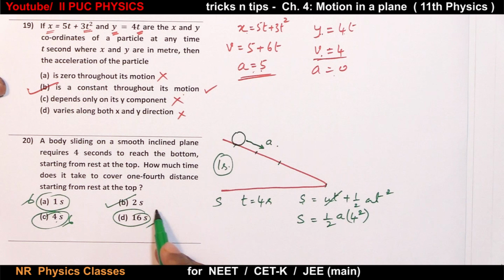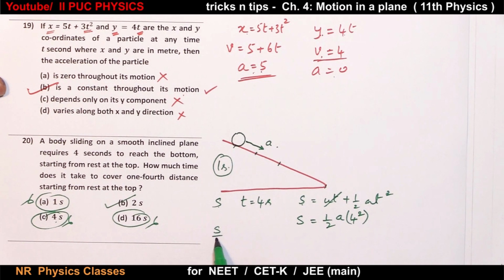In the second case, displacement is s by 4 in time t. Again, s by 4, let me use the same formula. s by 4 equals half a by 2 t square.